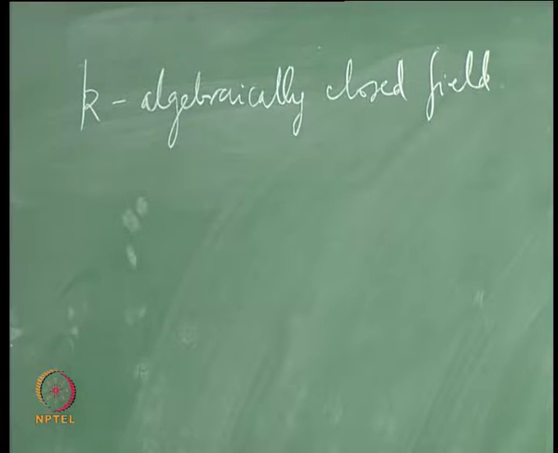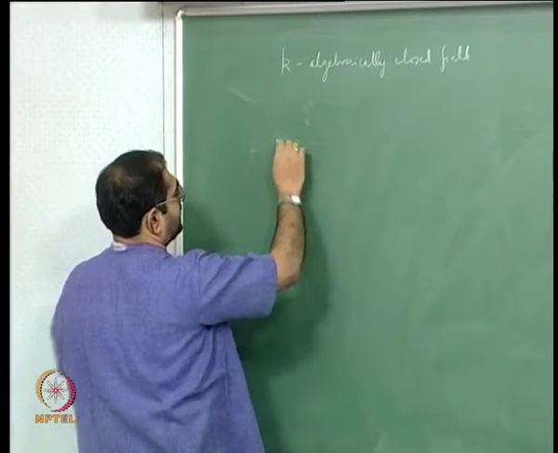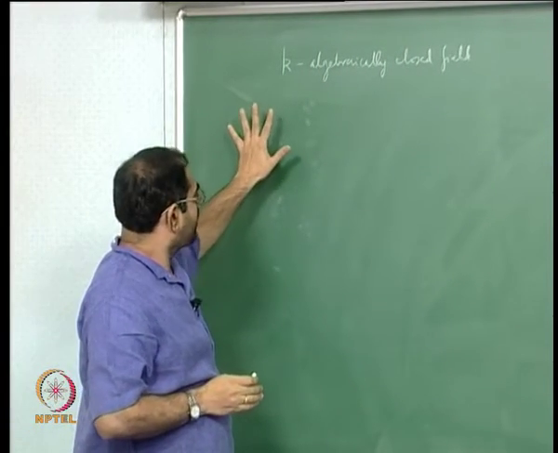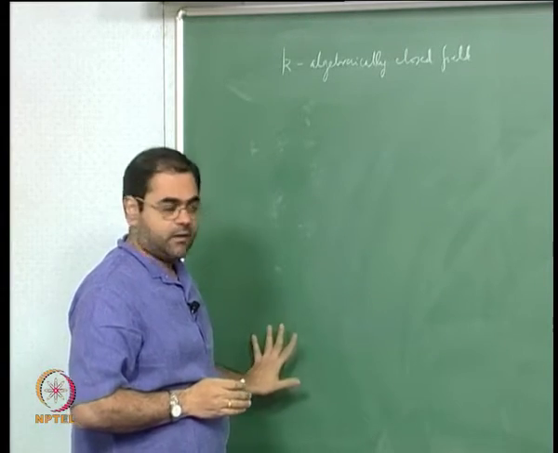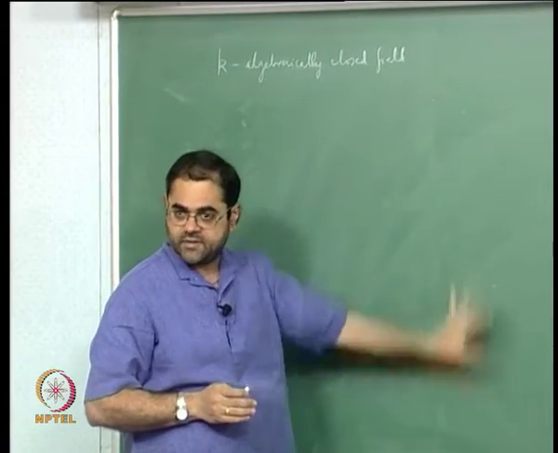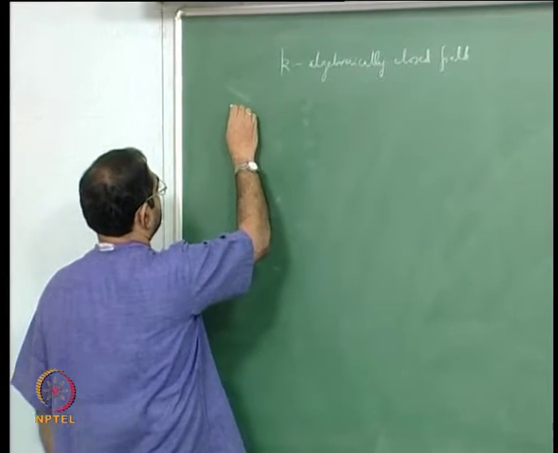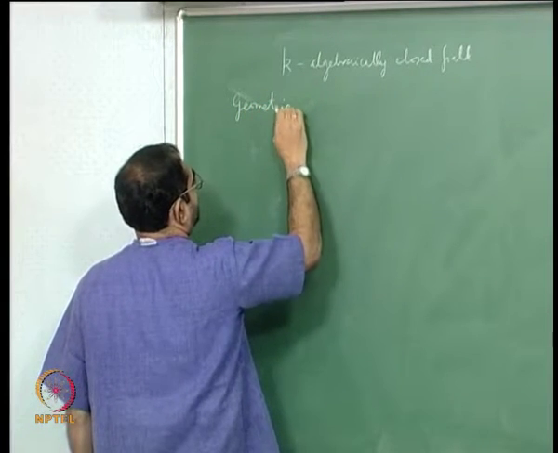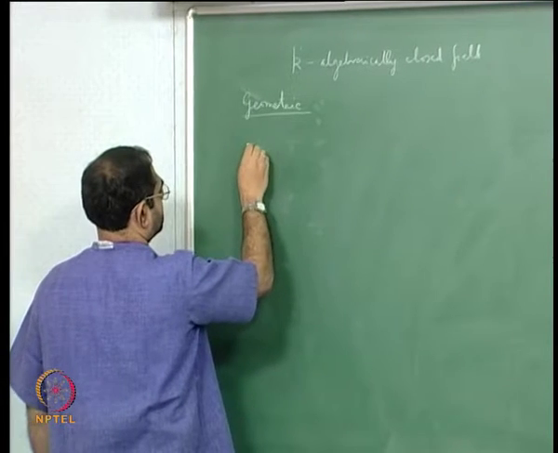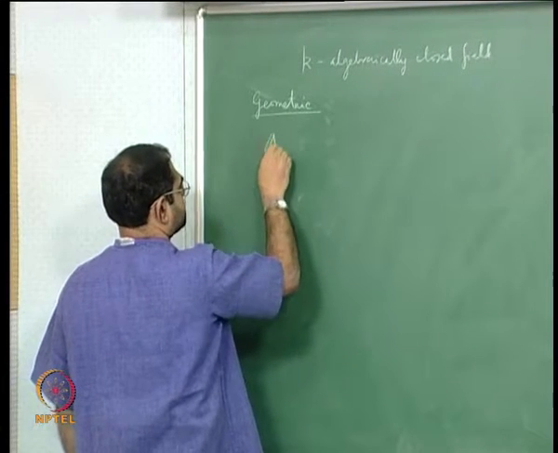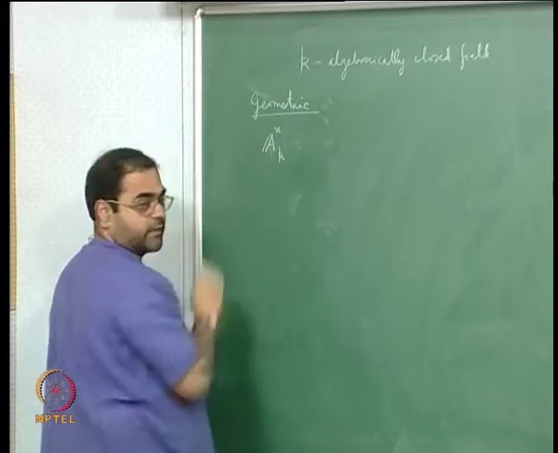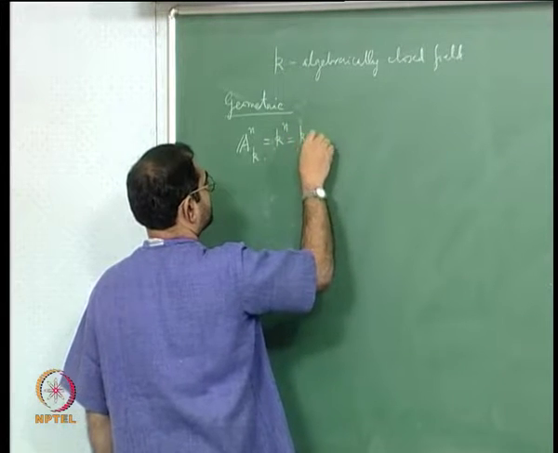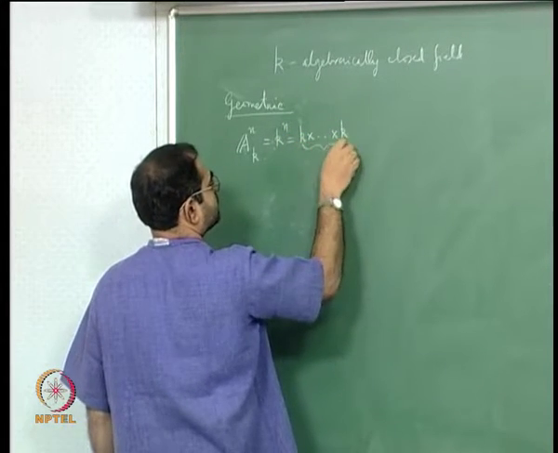And what we have is basically a dictionary, or we rather try to set up a dictionary, on one side the geometric side, on the other side the commutative algebra side. So what we have on the geometric side is the affine space over K, which is actually K^n, namely K cross K cross K, n copies.